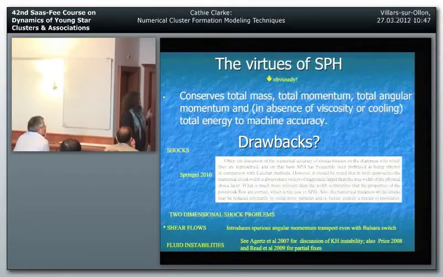And so he goes on to say, what is much more relevant than the width is therefore that the properties of the post-shock flow are correct, which is the case in SPH. And then he goes on to say that the numerical thickness of the shocks may be reduced arbitrarily by using more particles and is hence entirely a matter of resolution.